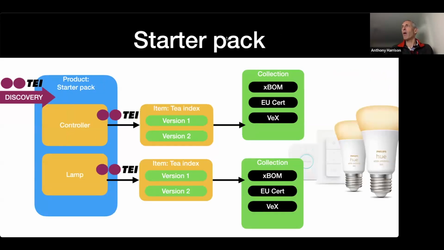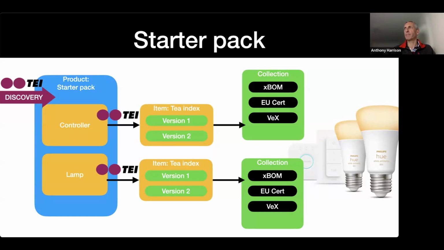And this is a slightly more complicated product, which maybe has 2 components. Maybe the product is an integration from 2 vendors, 2 manufacturers, and each of those product components will have their own T index. So when you get your product, you may get access to multiple collections.